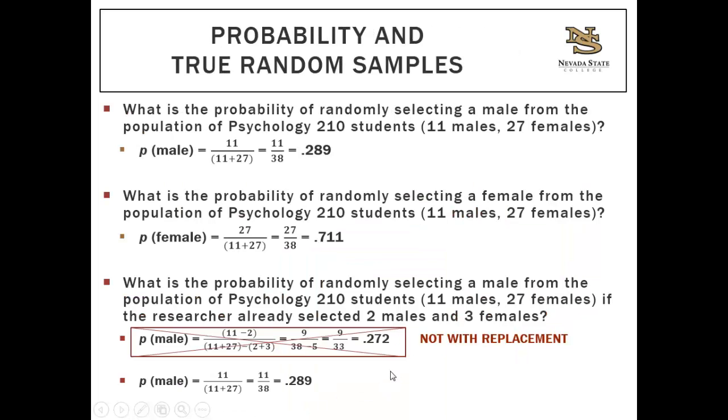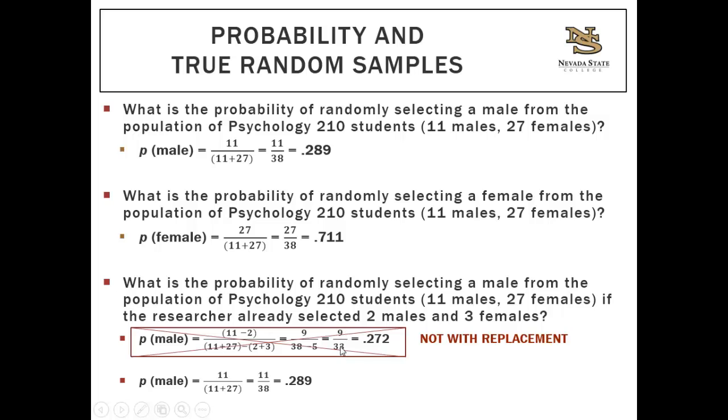So you may be inclined to do some tricky math, right? You may say, okay, well, my outcome of interest, I had 11 males to begin with, but I already selected 2. So 11 minus 2, I'm left with 9 males. Out of the entire class, so I had 38 to begin with, but I already selected 5. So 38 minus 5, all right, 9 out of 33.